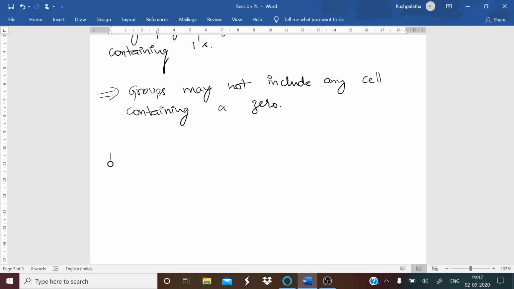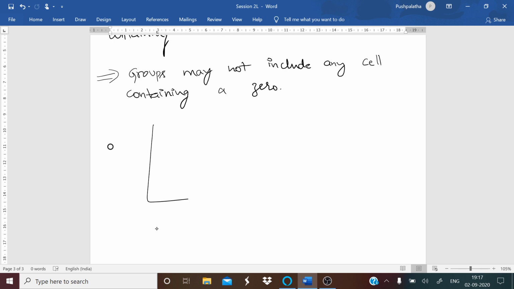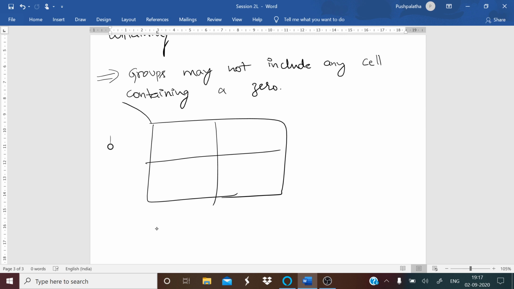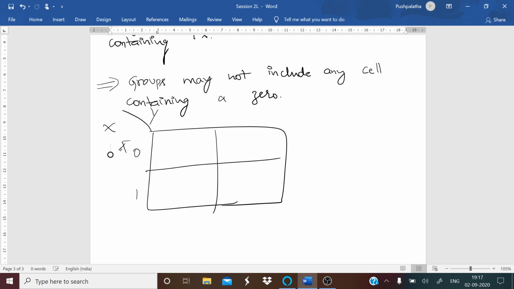We'll understand now. Okay, for example, you have the box here. We are talking about a 2 variable map. So if this is x and this is y, this is 0 and 1, x bar and x, 0 and 1, y bar and y, right? If you have 1 and 0, we are grouping together the cells that contain ones. If it is zeros, you cannot group together. So if you group together, then this is not valid.